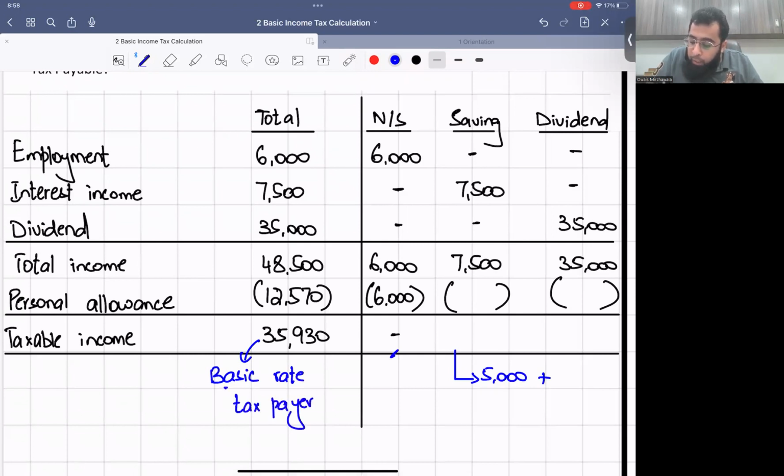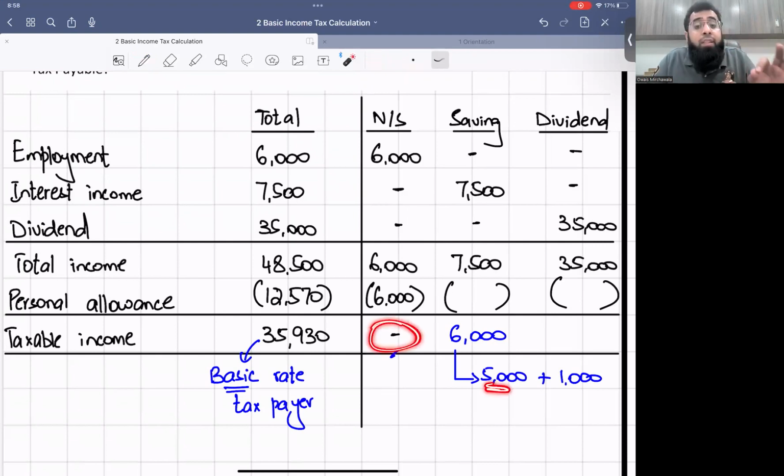So you will get one more 0% band of 1,000. So 6,000 of saving income will be taxed at 0%. Use your mind. 5,000 at 0% because non-saving is 0. 1,000 pounds at 0% because you are a basic rate taxpayer.